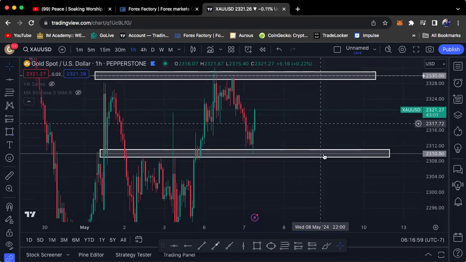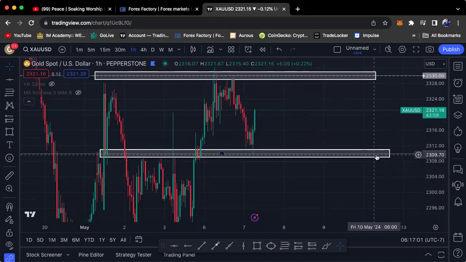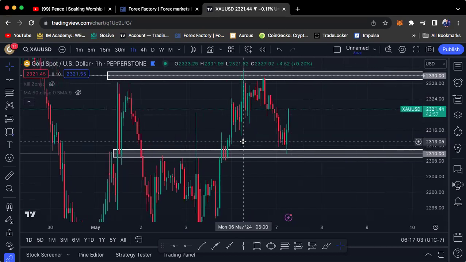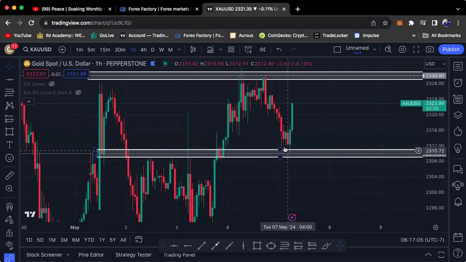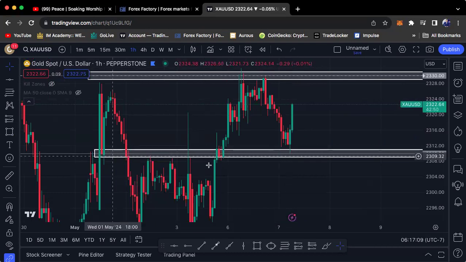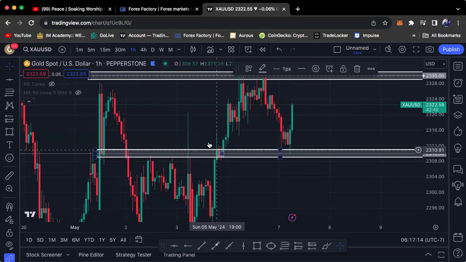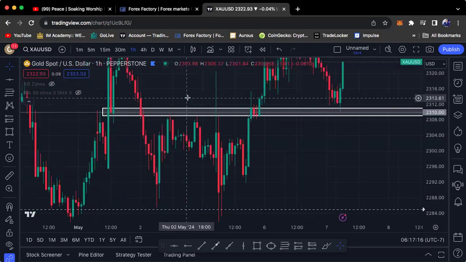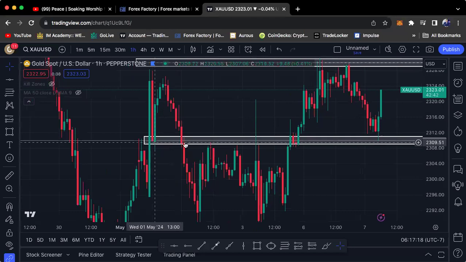Why did I draw it here? Because price respected this area. It created a support level. You see how price broke above this structure here? You got to look left to be right.